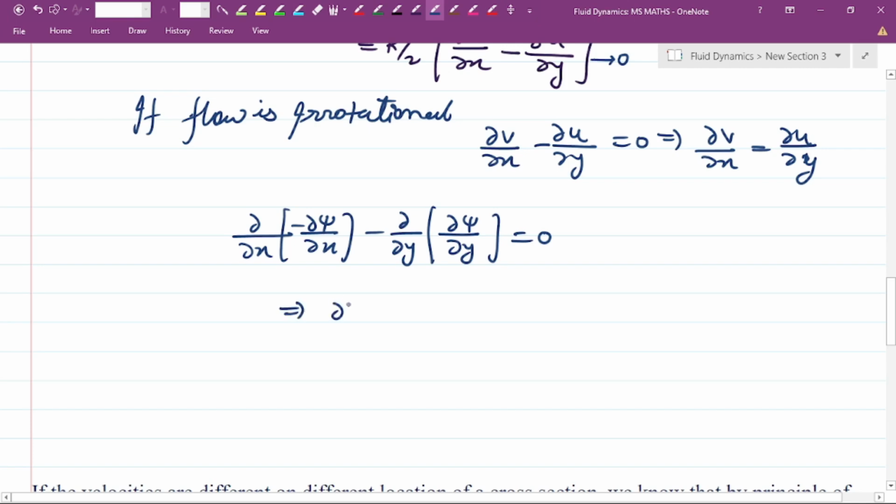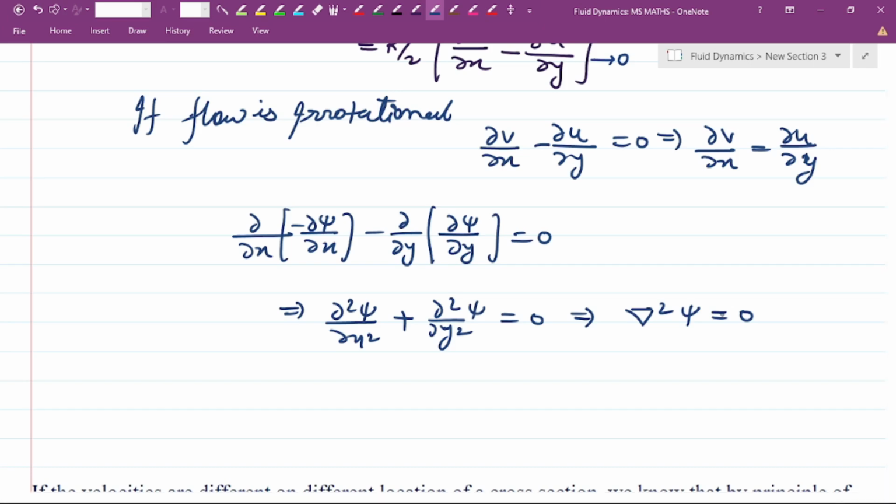Then it can be written as dou 2 psi by dou x square plus dou 2 psi by dou y square is equal to 0, or it can be written as delta 2 psi is equal to 0. It means the stream function is irrotational, or irrotational stream function is harmonic.